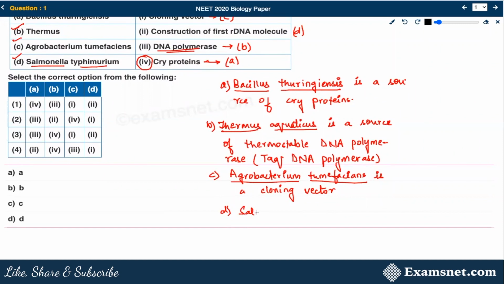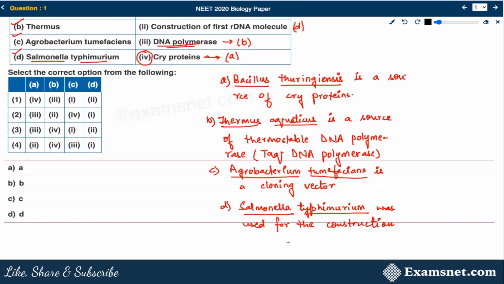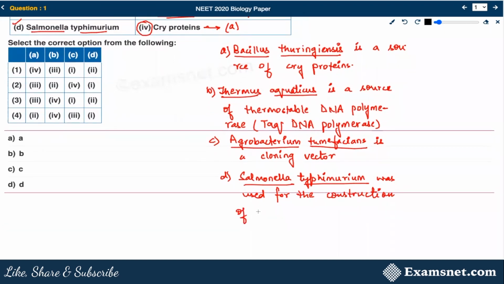So Salmonella typhimurium was used for the construction of the first recombinant DNA molecule.